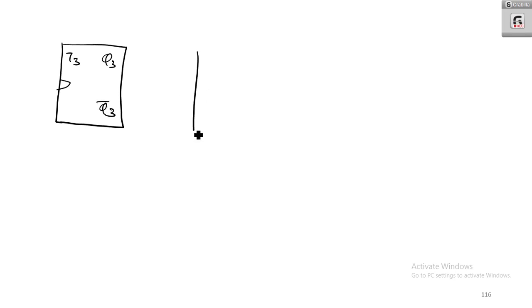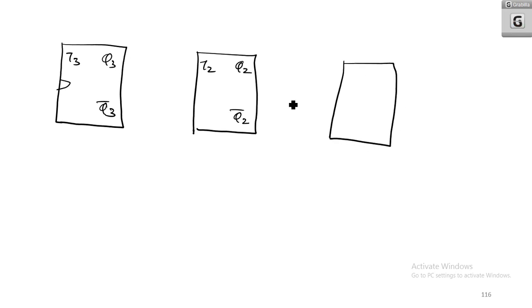Then the next one is T2, Q2 and Q2 bar. Next I have T1, Q1 and Q1 bar.